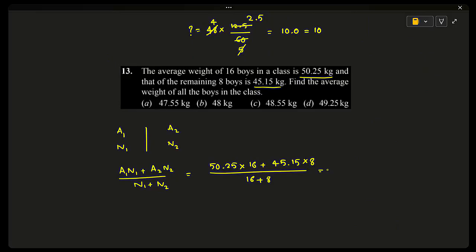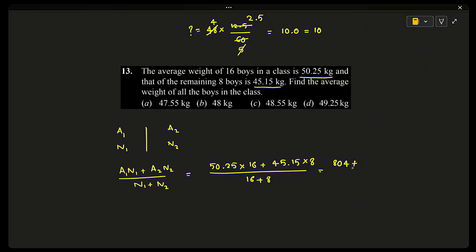So let me do the simplification. 50.25 into 16. We do the rough work. 16 into 50 is 800, 16 into 0.25 is 4, so 804.